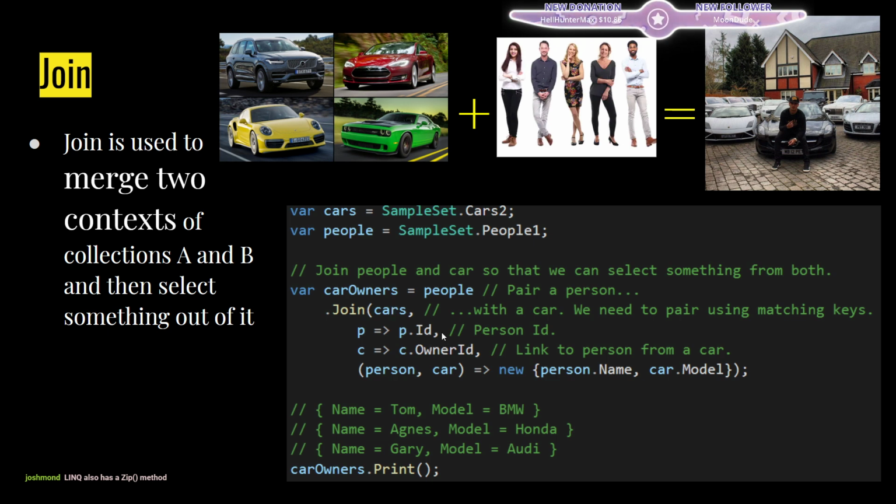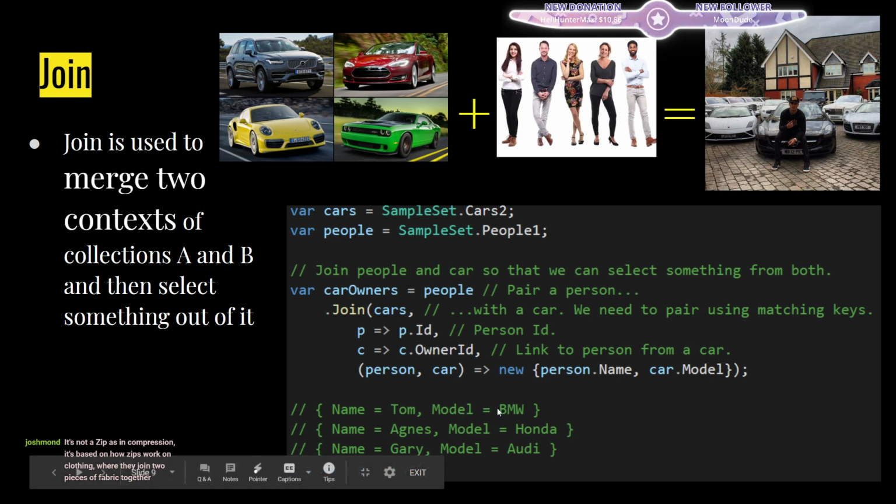Therefore, you need to expose a key of a person and how a car links to the person. So a person has ID and a car has owner ID, and owner ID and ID matching will create a pair of name and car model. So basically, what person owns what car model.